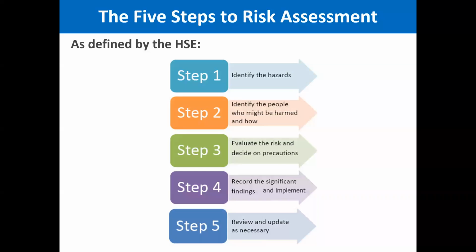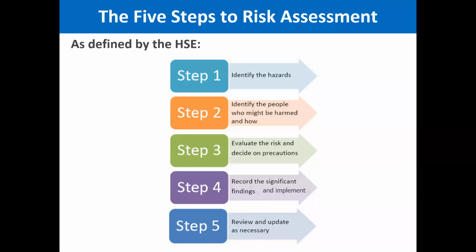So the first step is to identify the hazard. After getting all this information, you will start to identify what can cause harm in this activity. Then you will identify who will be harmed and how. You will identify what trades of people are carrying out the activity and will be affected by its outcomes, and who the other people are that are going to be affected.